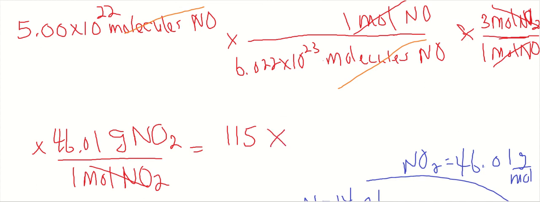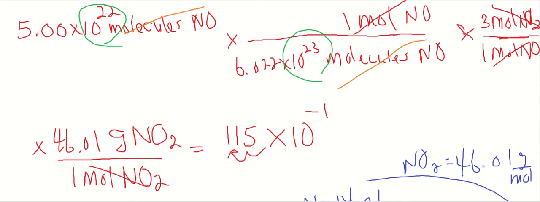Now, don't forget your base and exponents. When we're dividing these, we keep the base, which is 10, and we subtract the exponent, which becomes -1. Right? 22 minus 23 is -1. Now this is not proper scientific notation, so we're going to have to move the decimal over twice to the left.